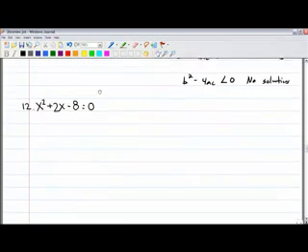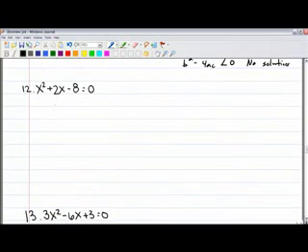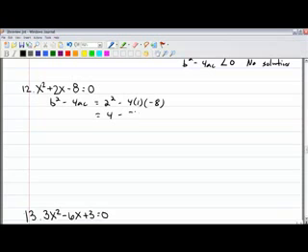Okay, number 12, same set of rules. Find the discriminant. B squared minus 4ac is equal to 2 squared minus 4 times 1 times negative 8, which is equal to 4 minus negative 32, which is equal to 36. Hey, it's positive. We have two solutions. Now, we don't know what our solutions are yet, but we do know that there are two solutions.